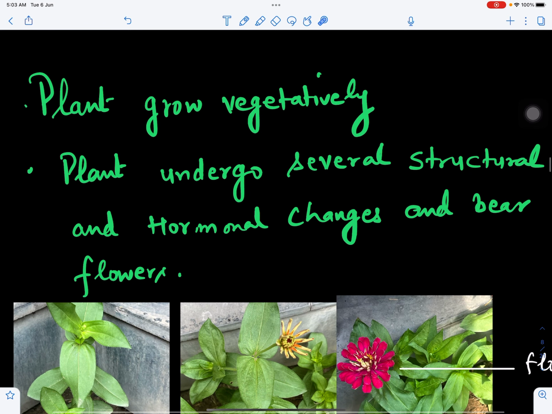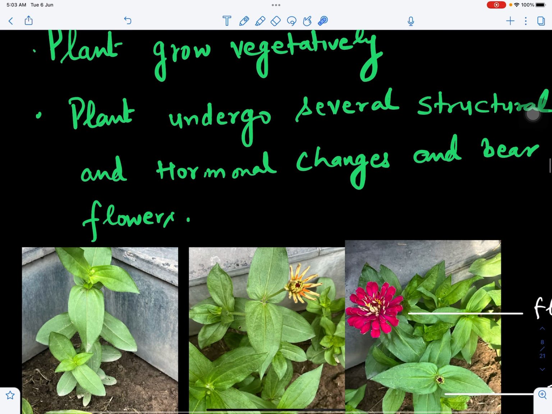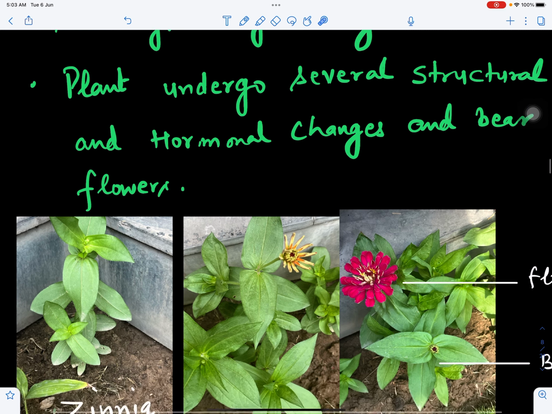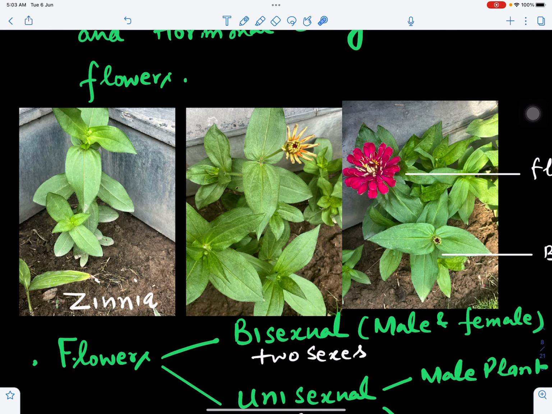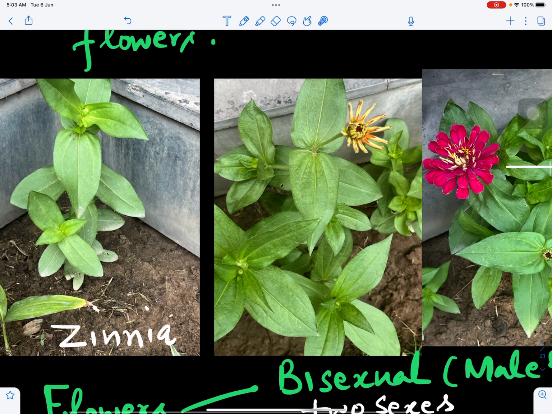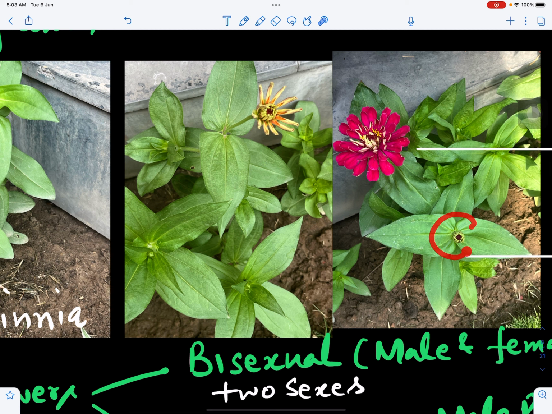First, they will grow as vegetative growth, and then they will undergo structural and many hormonal changes which help these plants to bear the flowers. We can see here, this is the plant of zinnia which I have grown in my own garden. Now this is growing vegetatively, I mean leaves and stems are being produced. And when they start maturing, this will bear buds.